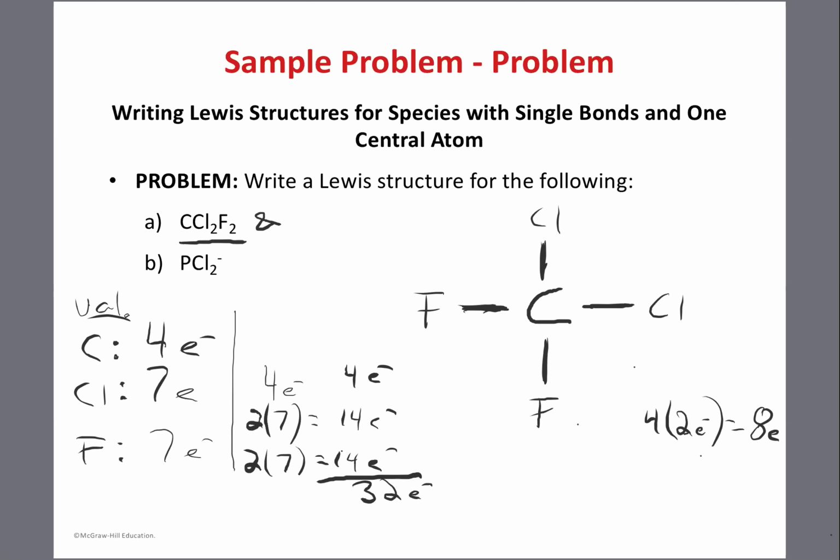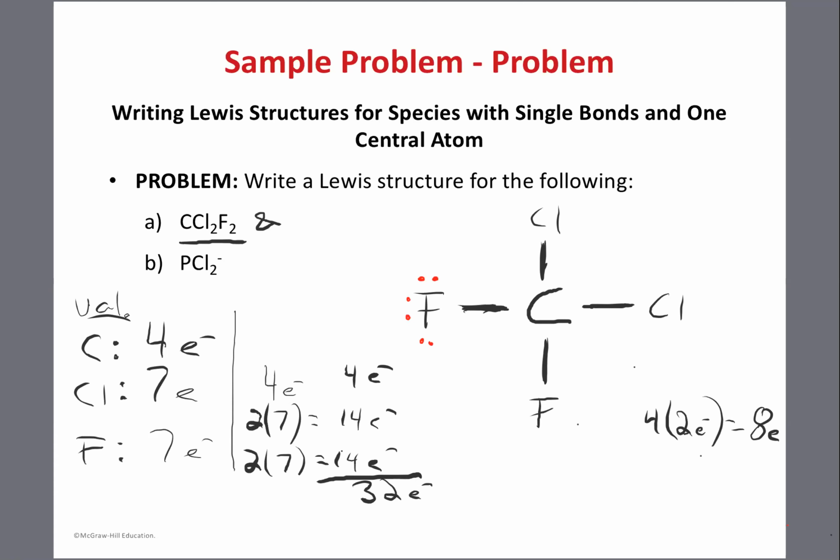Looking at the structure, what's wrong? I've got to fill in my octets. The chlorines and the fluorines are involved in 1 bond right now, but that's it. They don't have any extra electrons other than that bonding pair, so we have to complete their octets by assigning each atom an octet.